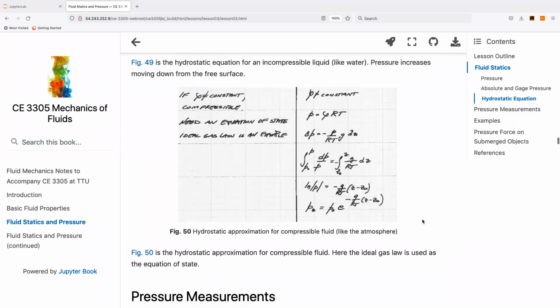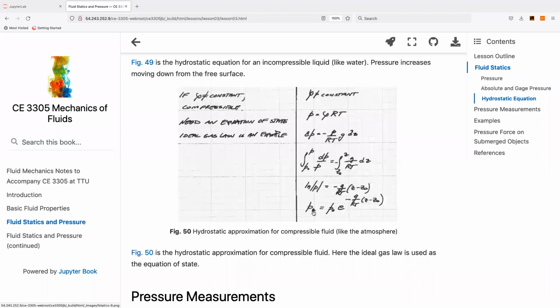If we go to compressible fluids, we have to invoke an equation of state. So if we're in the atmosphere, the density rho is no longer a constant. It's changing with localized pressure and temperature. So we have P equal to rho times R T. We can put that into the expression, and our equation looks quite a bit different.